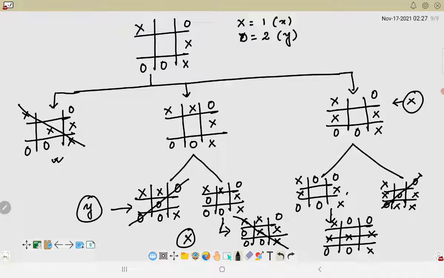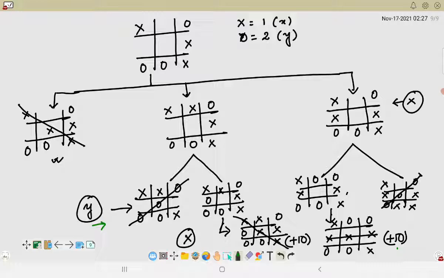When x wins the game, I will associate plus 10 here, and here also plus 10. Now, by virtue of the Minimax algorithm, since we got the utility as 10, Max will take the maximum value, which is 10, and then at this particular point y will be considering the maximum value for its own move. What is the maximum value of y?